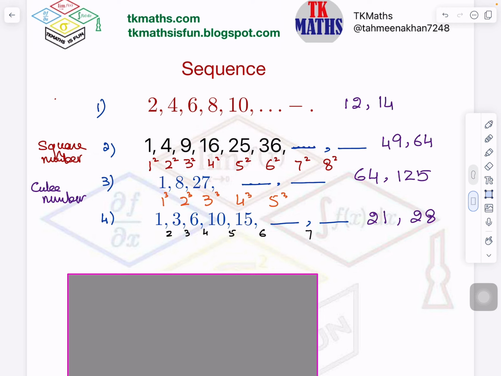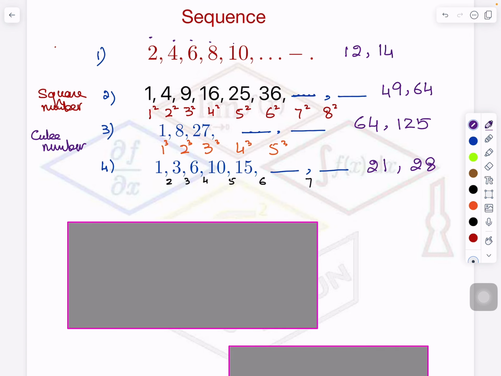So this is how we find out a sequence. We try to understand the pattern, what is happening, and then accordingly we fill up the next terms. These are all called terms, right? For example, term 1, term 2, term 3, term 4, term 5, like this. Now here I want to help you to visualize square, cube and triangular terms. By the way, this last one is called triangular numbers.